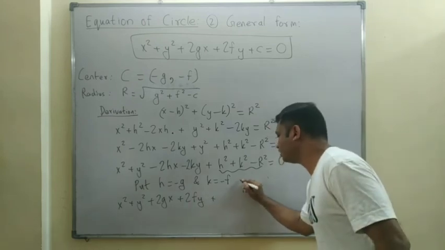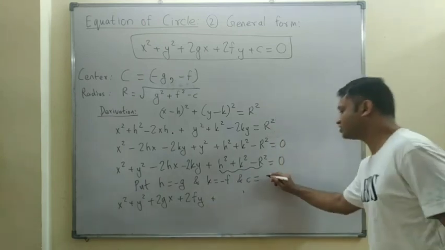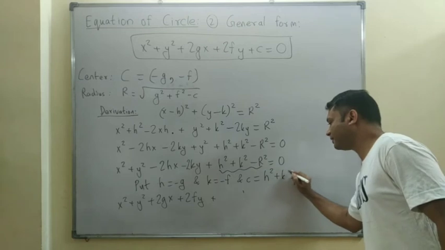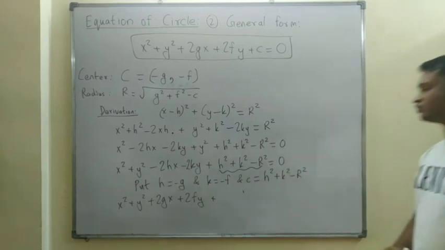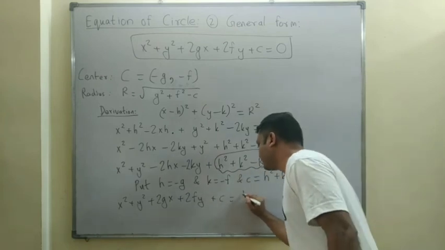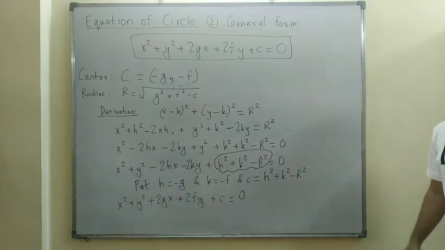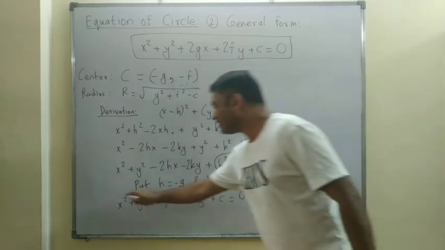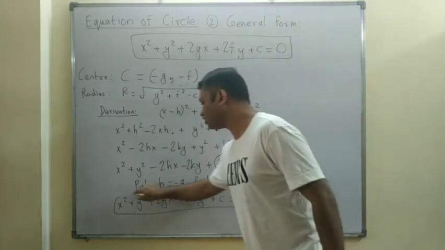Let us denote this constant as c. So c is nothing but h square plus k square minus r square. We can write this whole thing as a constant c so that it becomes more convenient for us. Okay, now we have derived the general equation of circle.